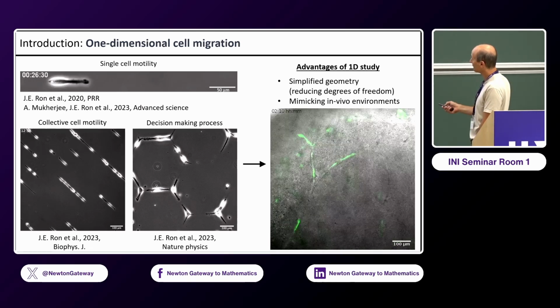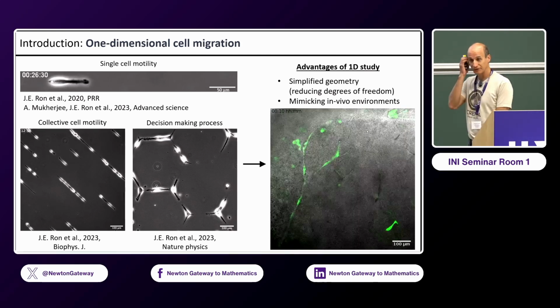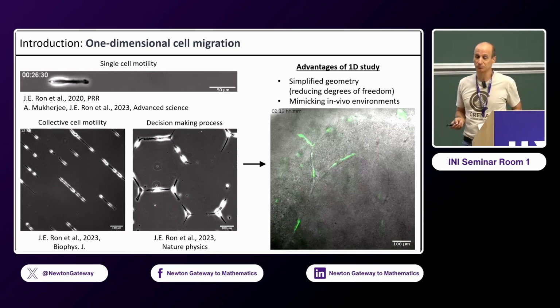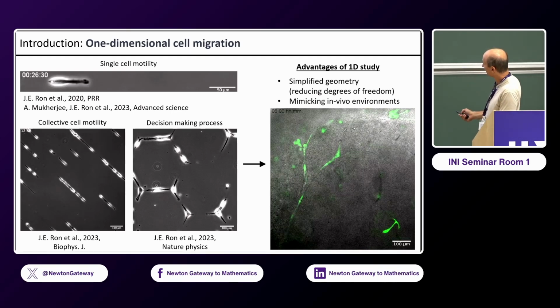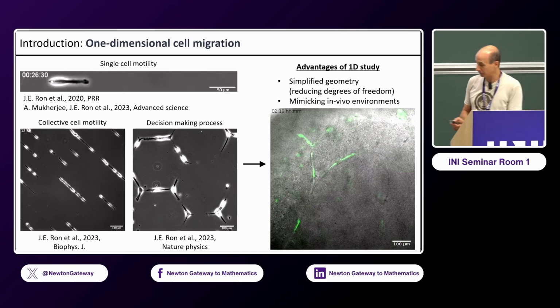They spread around in the brain by moving along these very thin blood vessels. They use them as sort of highways for spreading. You can even see one of them reaching a T-junction and having to decide whether to go right or left.